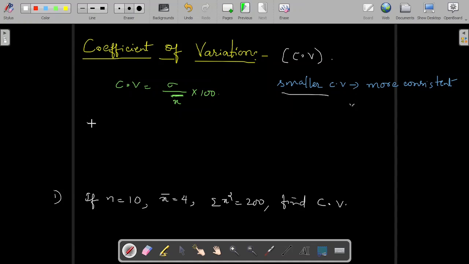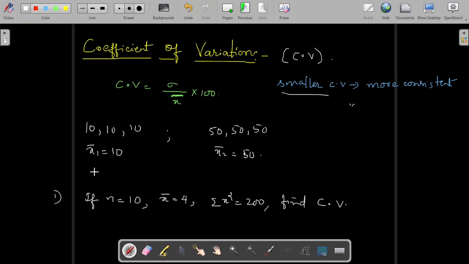But see here one example. Suppose you have a data series with these data points 10, 10, 10, and another data series with three data points 50, 50, and 50. These are the two series. We have to compare these two series now. The mean of the first series is 10 and the mean of the second series is 50.